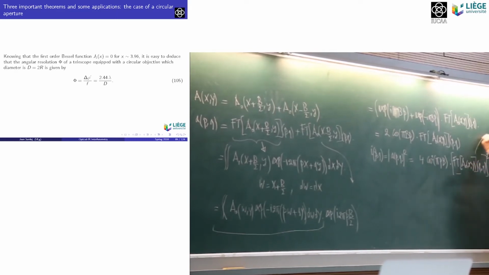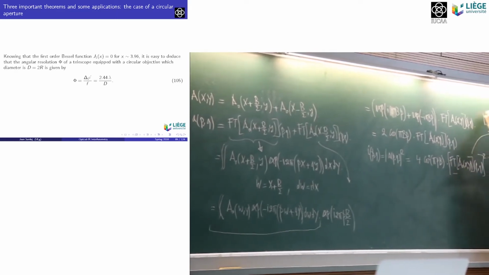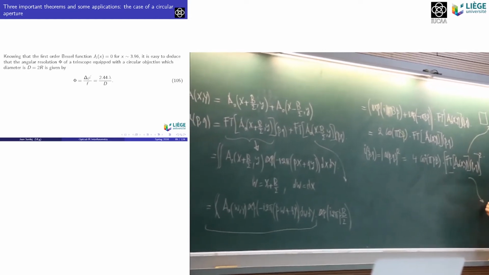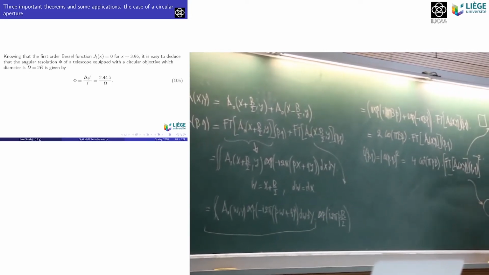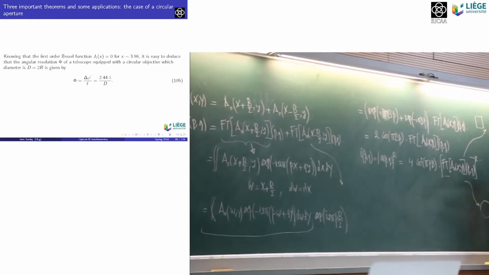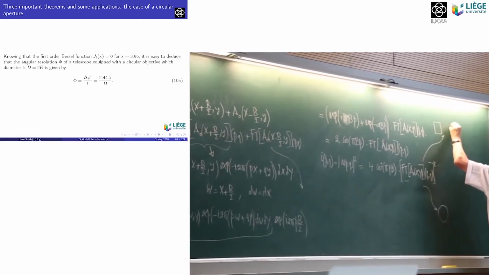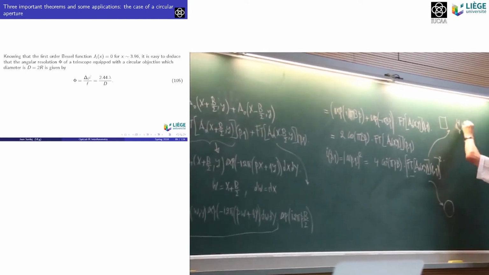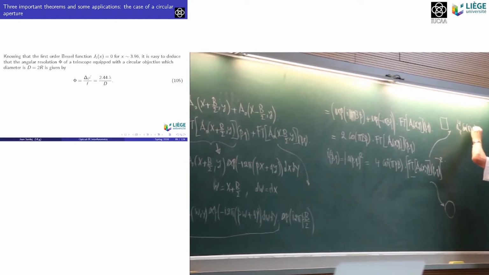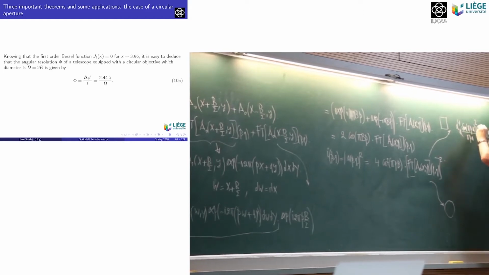You can particularize this to the case of a square aperture or to the case of a circular aperture. In the first case, I think what we found was a to the power 4 of sine of pi p a over pi p a, squared, times sine of pi q a over pi q a, squared. Agree?